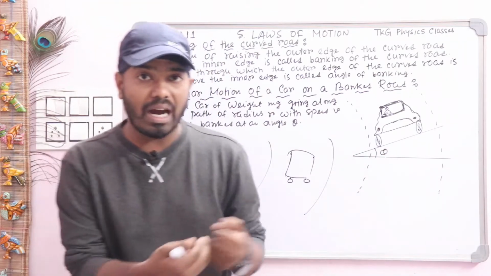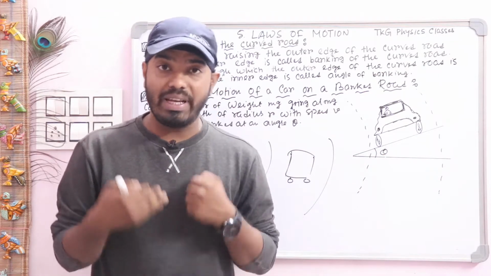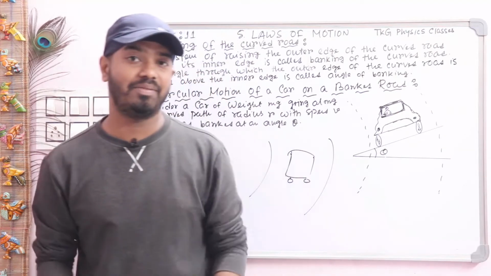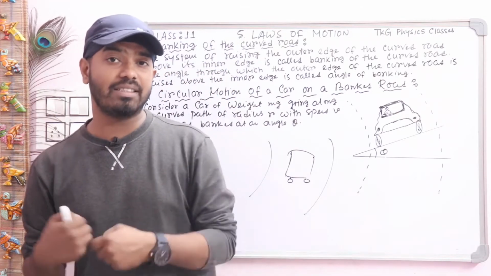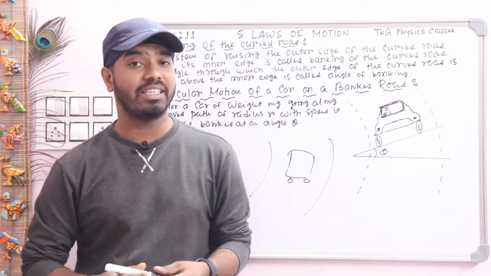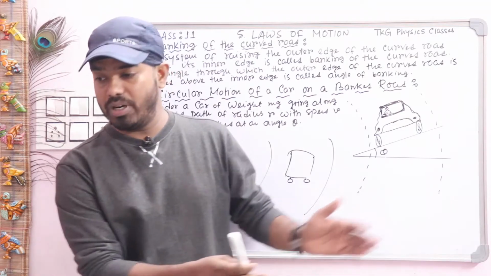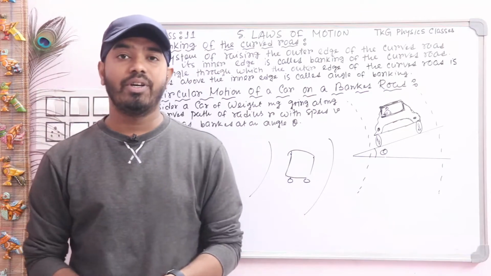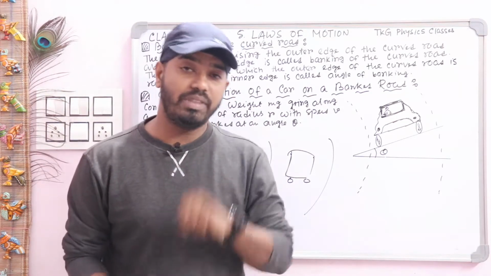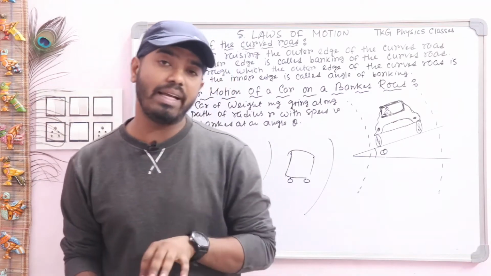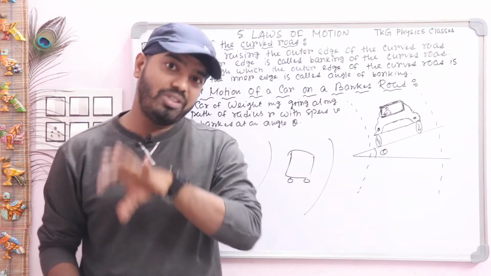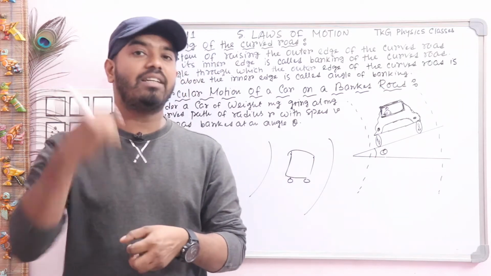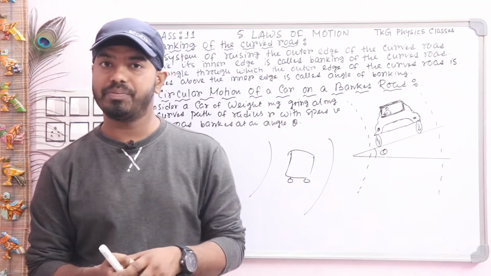So when you are going outward, friction arises, and friction gives the direction inward towards the circle, along the radius of the circle. This frictional force provides the centripetal force which is required for taking a turn of a car.